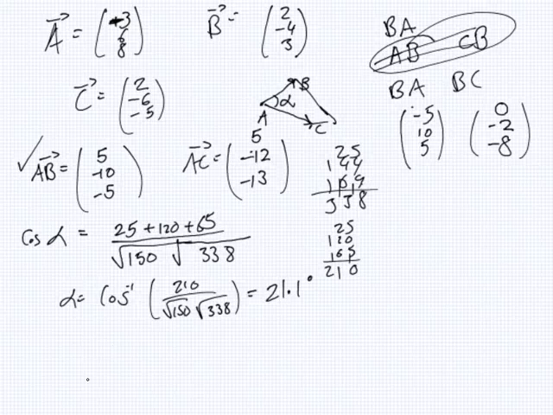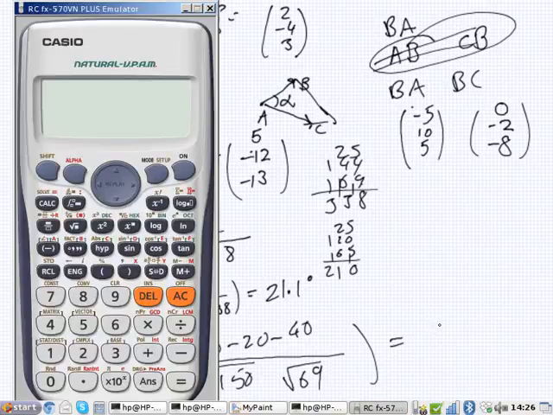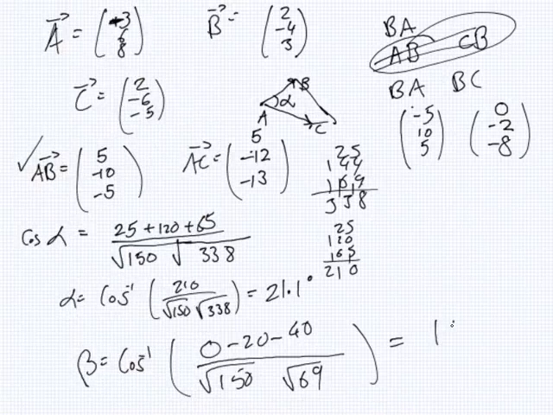And so beta will be cos inverse, if you can type this in, 0 minus 20 minus 40 over square root 150 over square root 69. And what do you get for beta?